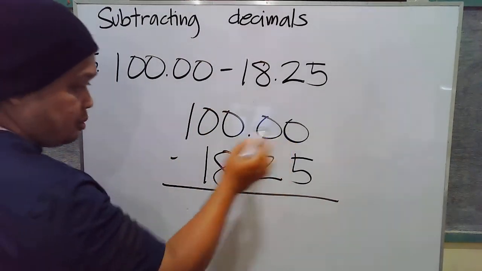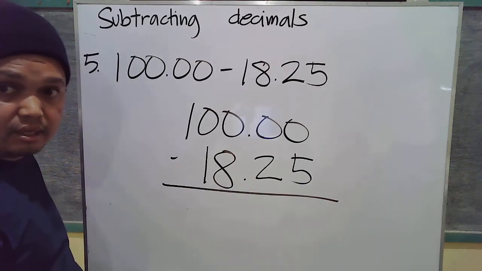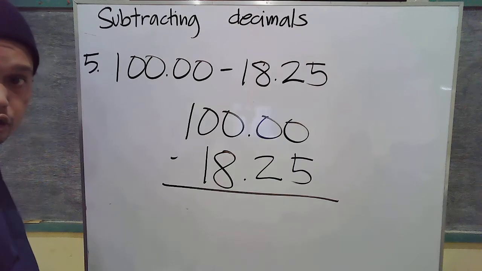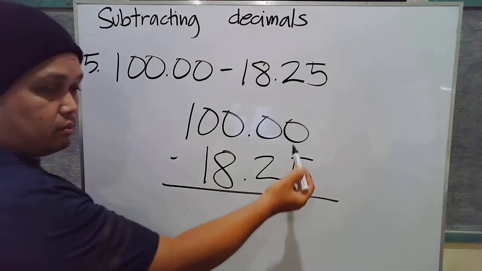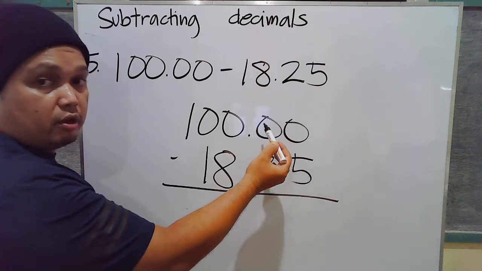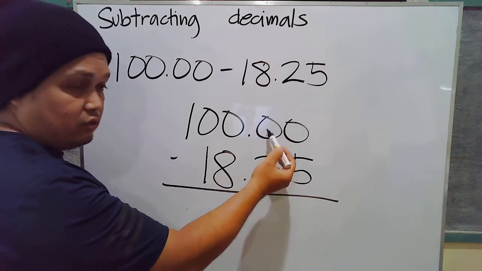Now 0 minus 5, of course, cannot be, because 0 has no value and 5 is greater than 0. So what are we going to do? So 0 here must borrow 1 from the 0 next to it. But of course, it cannot give 1 because it has no value.